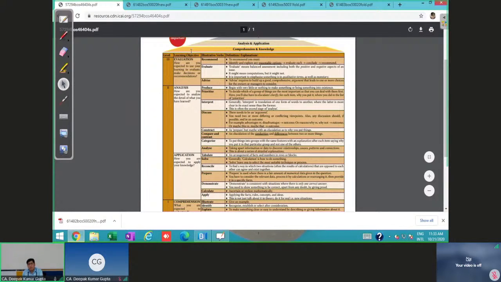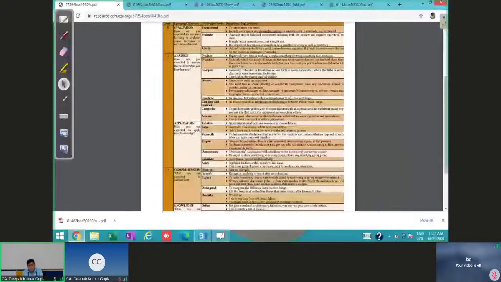Here in level 2, you have to not only calculate but also give proper analysis and interpretation of a particular situation.